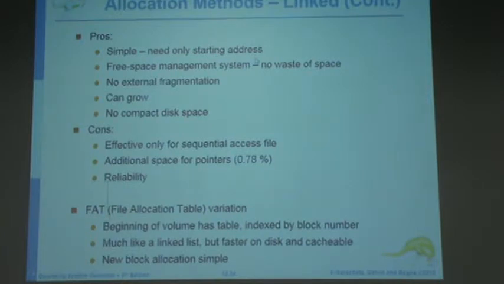Okay, but the problem is it's slow. This one is effective for sequential search, but what if I need the data in the middle? How can you find the middle of the data? No way. You always need to start from the beginning and go to the next.